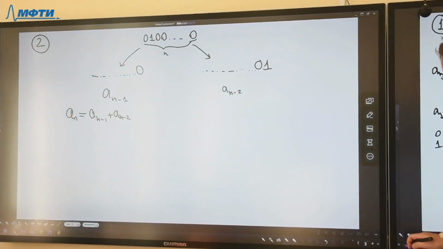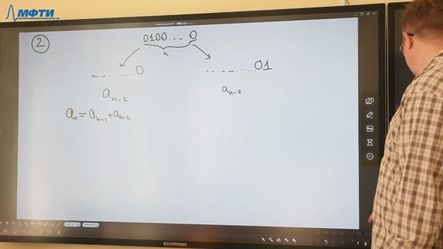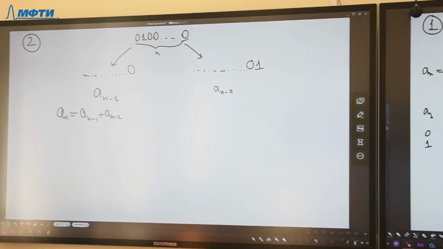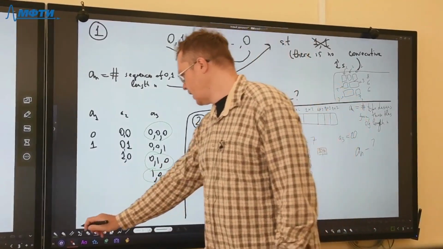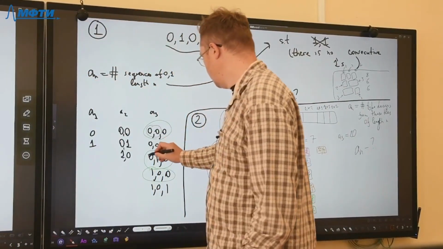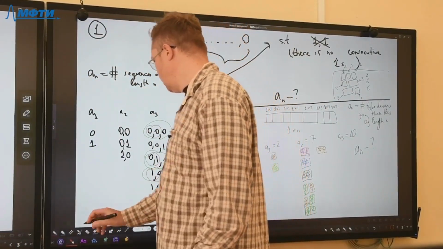So if you look at the example right here, the sequences with the last element 0 are exactly all the sequences of length 2 here.